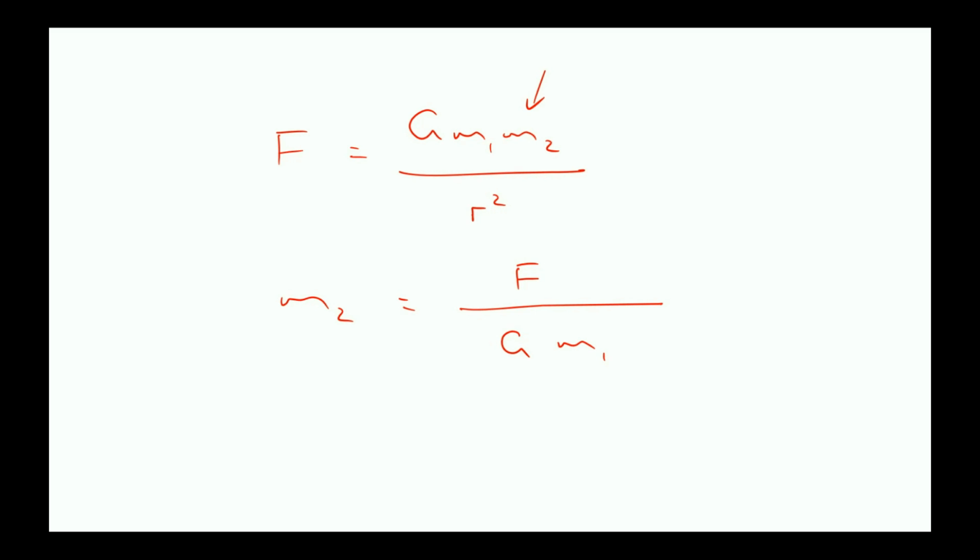So when that comes across the equals, we're going to multiply by r squared. And there we go. We could now calculate the mass of the second object. Assuming we knew the mass of the first object, how far the distance between the objects is, and we know the force there and the universal gravitational constant, we can determine M2, the second mass. No problemo. Let's move on.